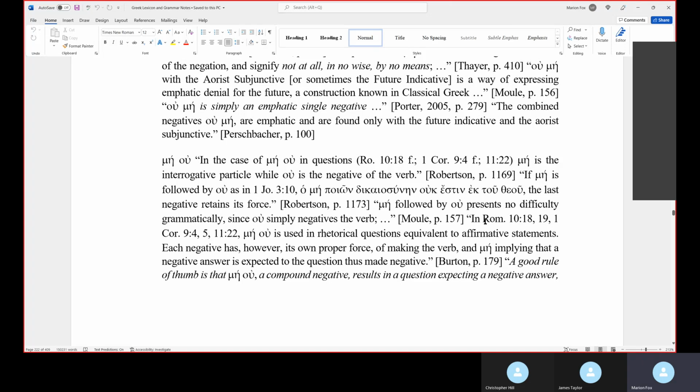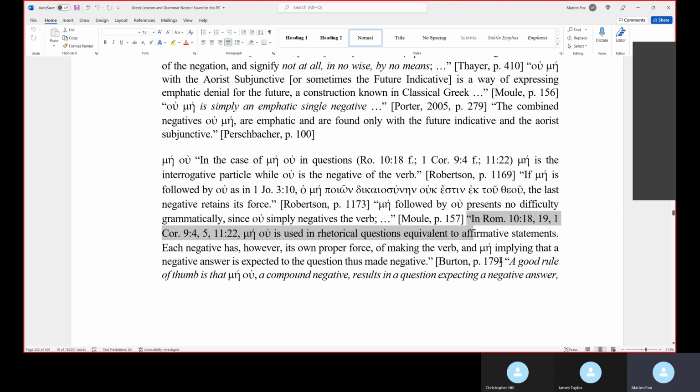All right. We've seen it in Romans, and if you're in the 1 Corinthians class, we're going to wind up looking at it in these two classes. I think every time it's found in the whole New Testament is in these two books. Okay.